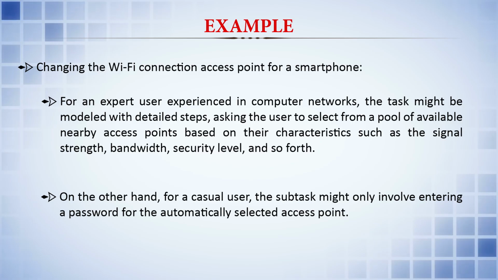For a layman or casual user, the subtask might only involve entering the password. It should automatically pick up the Wi-Fi connection with the strongest strength and ask only for the password, after which the device automatically connects to the Wi-Fi connection.